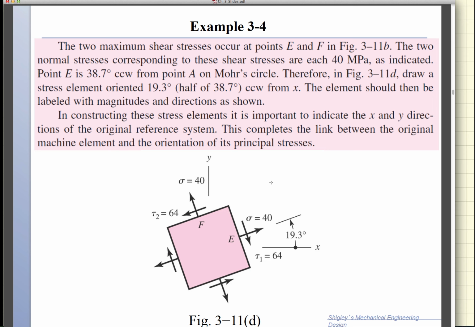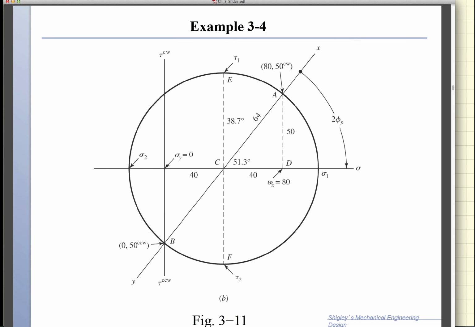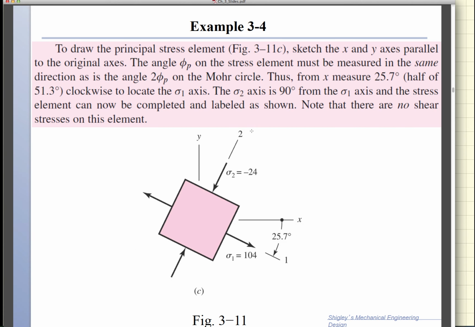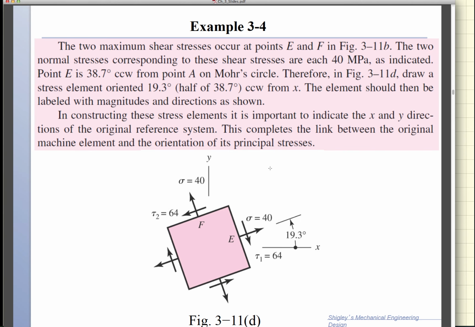Next, if I want to find the maximum shear. So the maximum shear, if I go back to this, to find the maximum shear, I have to rotate point A to point E, and point B to point F. In other words, I must rotate by an angle on the Mohr circle of 38.7 counterclockwise, and physically the corresponding element will have to rotate by half of this, 19.3 clockwise.